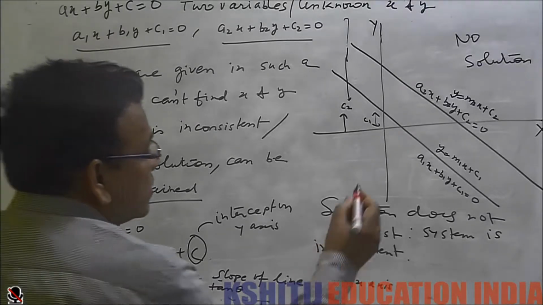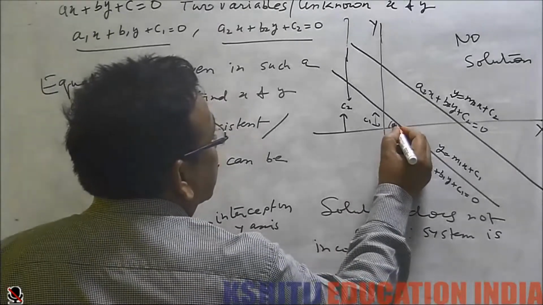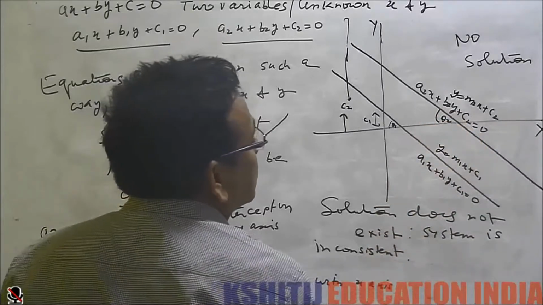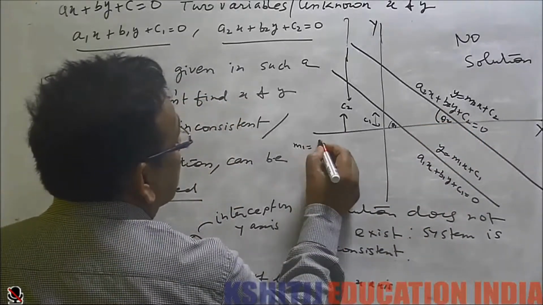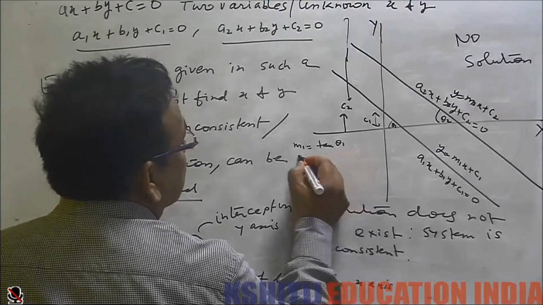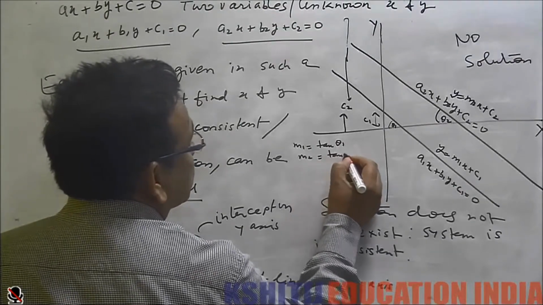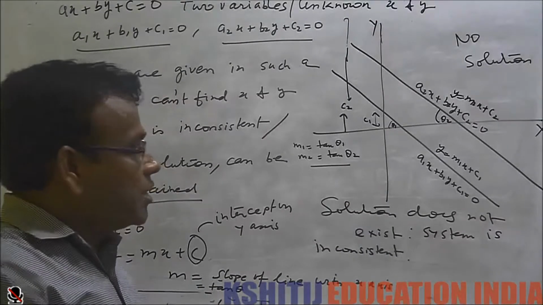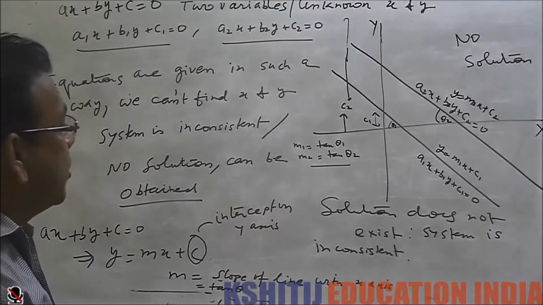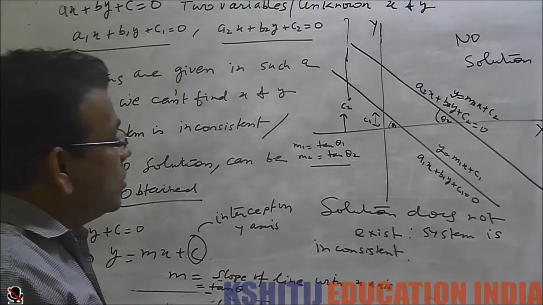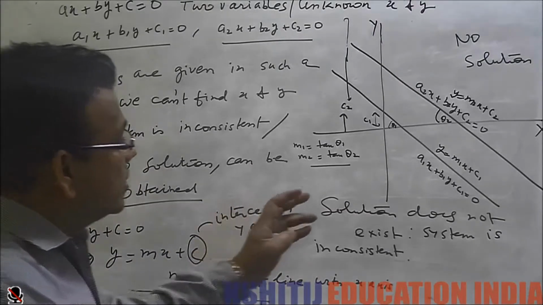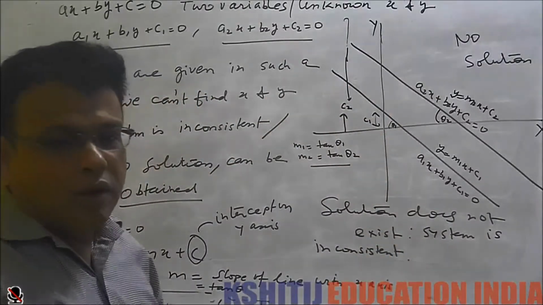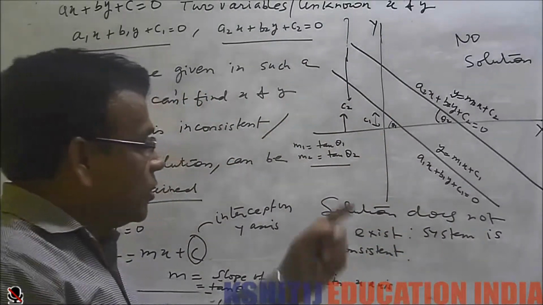So theta is this angle. Here let's say this is theta 1 and this is theta 2. So m1 is equal to tan theta 1 and m2 is equal to tan theta 2. That's the basic definition, but don't go into much detail because we shall be discussing this in another chapter. Okay. So now I wanted to tell you that there is some condition which will tell us that no solution exists for such equations.